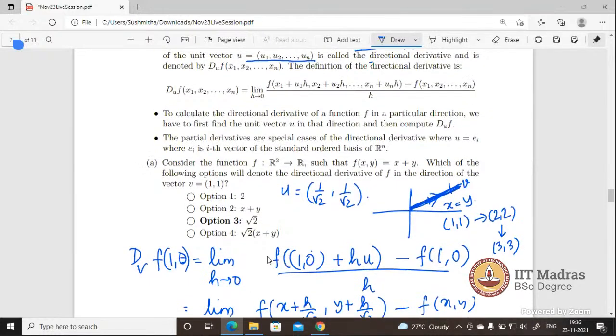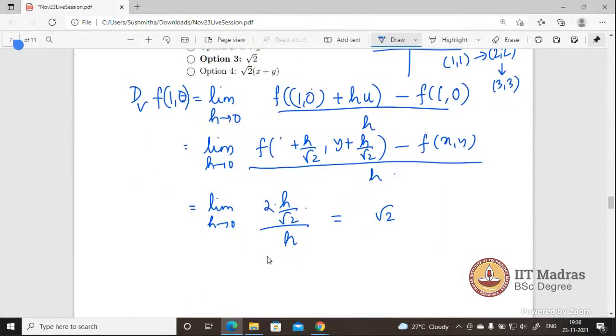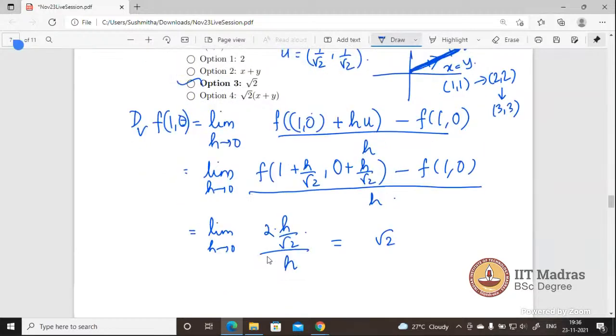If I substitute particular values for x1, x2, ..., xn, the limit definition is going to be the same. I'll get the same value anyway. So the answer is root 2.